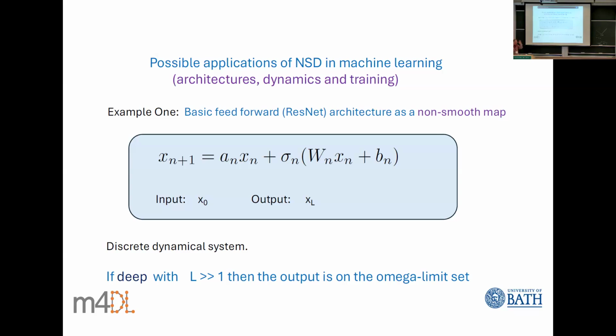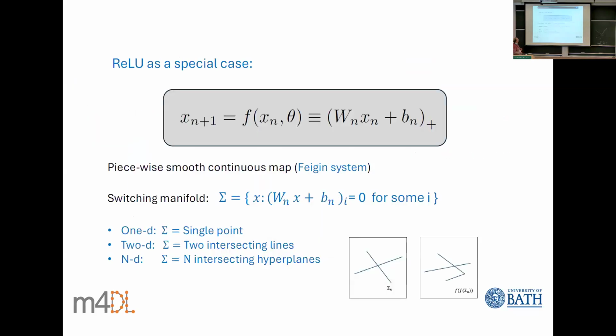It also gives us, again, going back to Professor Muhlbach's talk, some notion that the control of these things is partly to do with controlling the way our omega limit sets intersect the various discontinuity manifolds. So that's that. And ReLU, as I say, is a particular case of this, where we activate on the positivity of the thing in the middle.